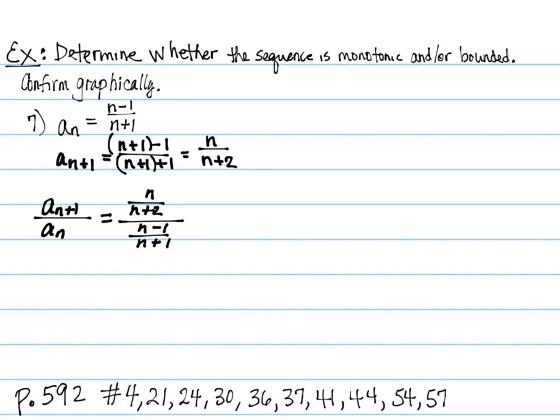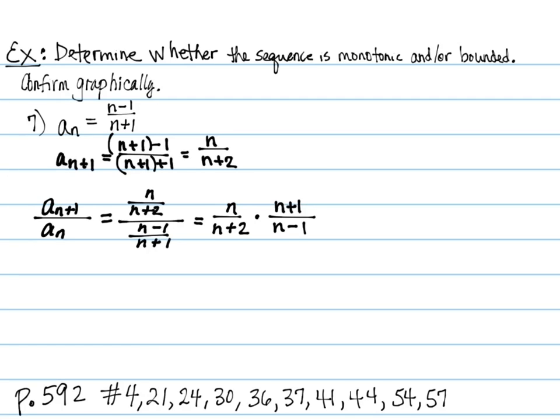Our favorite. Algebra's good. How can I simplify this so that it's not so messy looking? You bet. We're going to take the denominator and we'll flip it. Okay, did I get it flipped right? I think so.